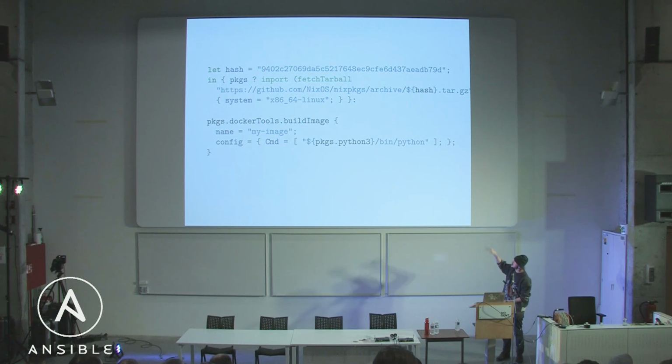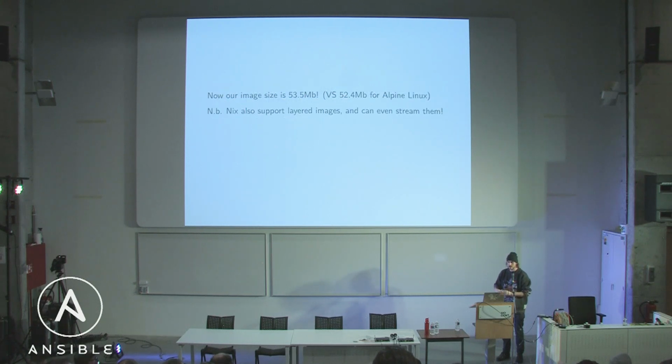I missed the version things, but you get the idea. And if I do that, I know I couldn't do something non-reproducible, and I have a nice side effect, which is I have really small images, because I only bring into my images what the images use to build themselves. So it's really cool, and Nix has a lot of features like streaming the layered image and so on.